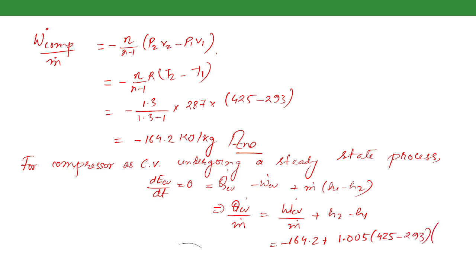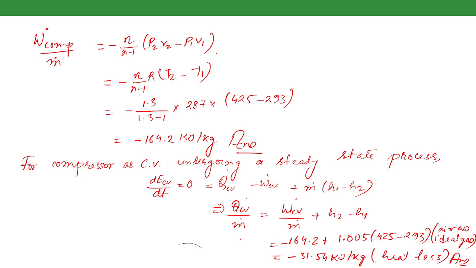We are considering air as an ideal gas. In this process it comes out to be minus 31.54 kilojoule per kg. So there is a net heat loss in this process.